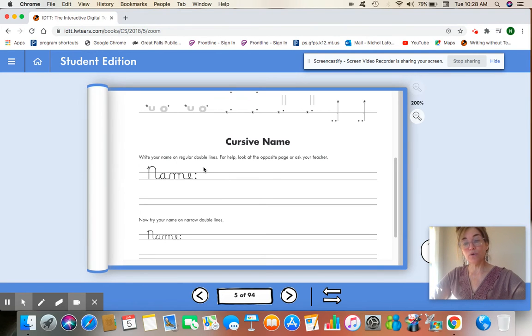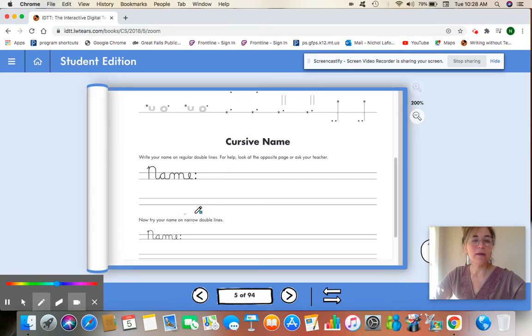Mrs. Rooney is actually left-handed, so I'm going to slightly slant my body to the left, just a little bit so my hand is comfortable.